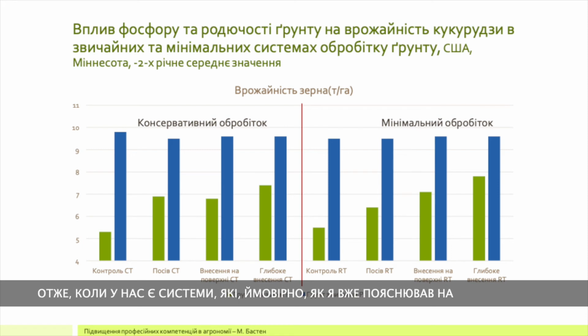So when we have systems which, as I explained in the previous session, have probably some shortages when it comes to warming the soil and so on, the starter fertilizer might be more important, and this applies to reduced and no tillage. I think that's also one reason why the placement of starter fertilizer is still very common in the US, because most of the corn in North America is planted with a no or reduced tillage system.